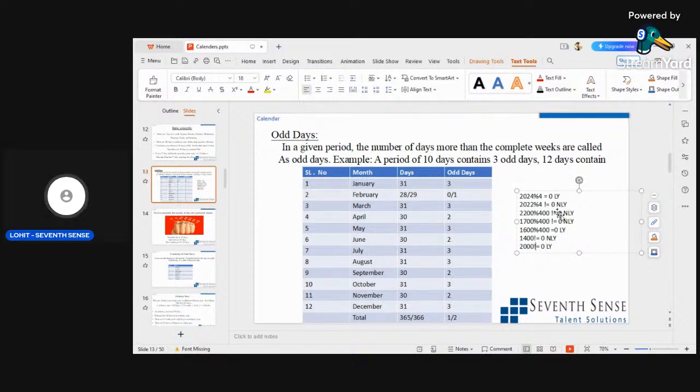So have you understood, or do you still have any kind of doubt here? You can just ask in the chat box. If it is a century year, you're going to divide it by 400. If it is not a century year, you're going to divide it by 4. Understood or not?